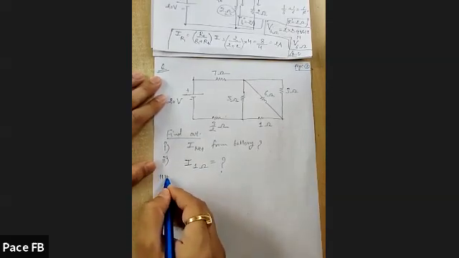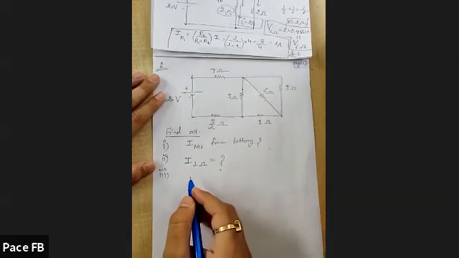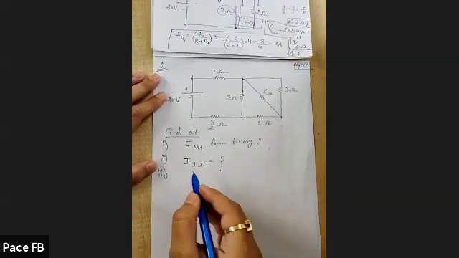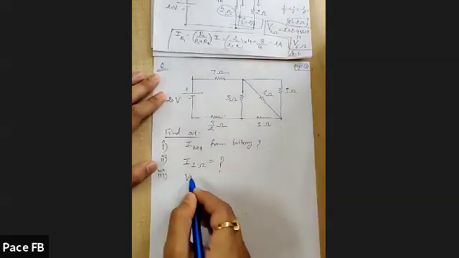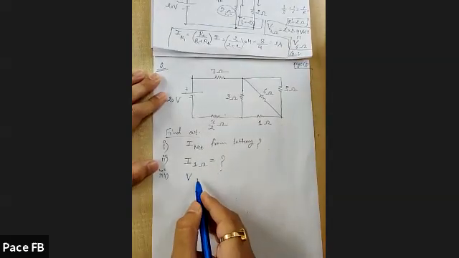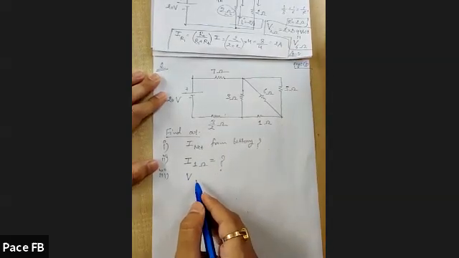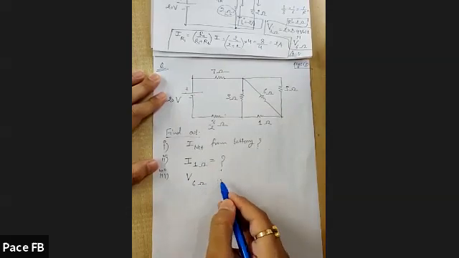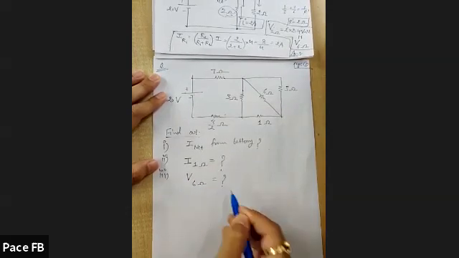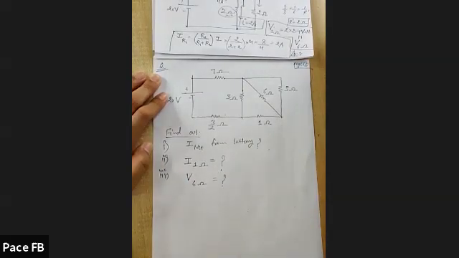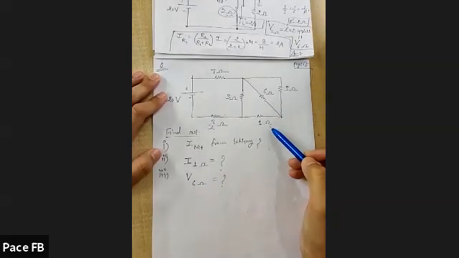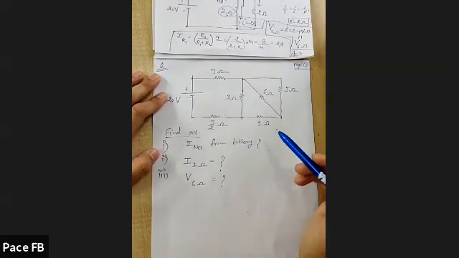And the third part is, what is the potential difference across 6 ohm? These three parts you have to find out. Net current withdrawn from the battery. Second one is current passing through 1 ohm. And the third one is potential difference across the 6 ohm resistor.